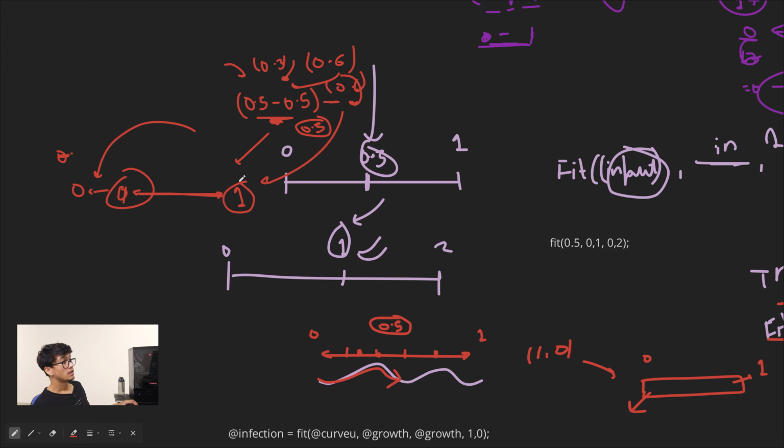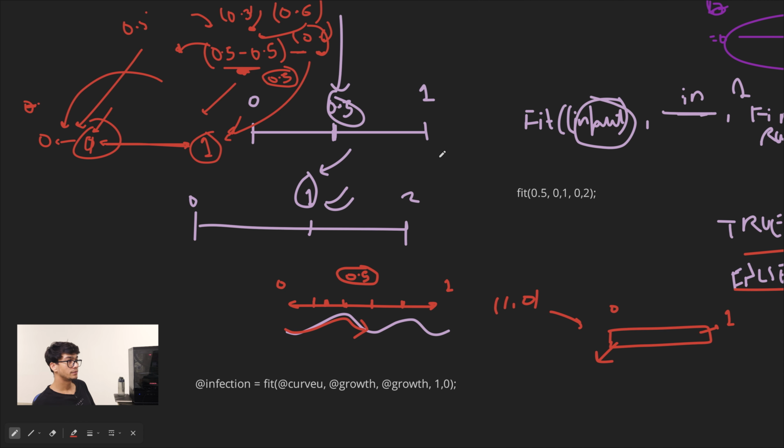So the values lower than 0.5 will get the minimum value, and the values greater than 0.5 will get the maximum value from the new range that we are converting to.